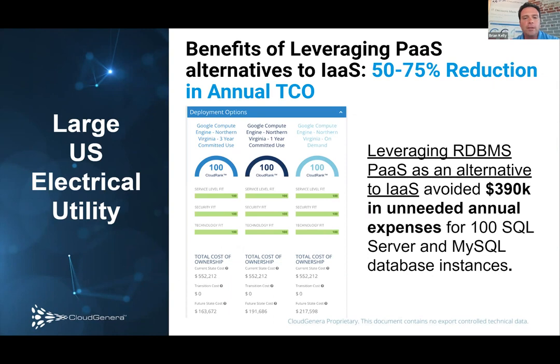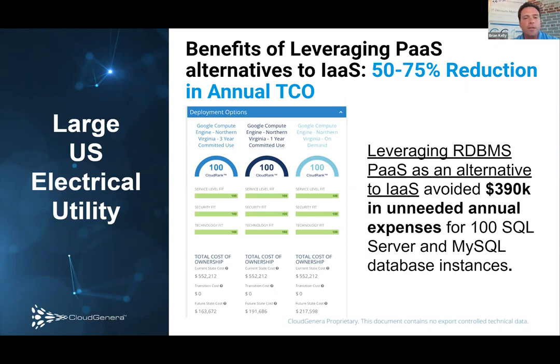And you can see here, this is a comparison of 3 different license models. And you can see the benefit is substantial. Leveraging an RDBMS PaaS as an alternative to infrastructure for their 100 SQL Server and MySQL database instances is stripping $390,000 in unneeded annual expense from their operation.